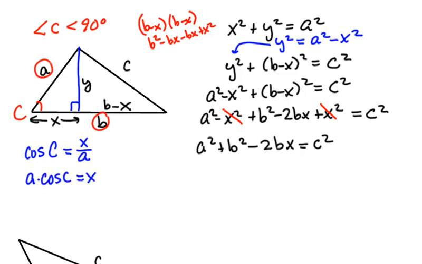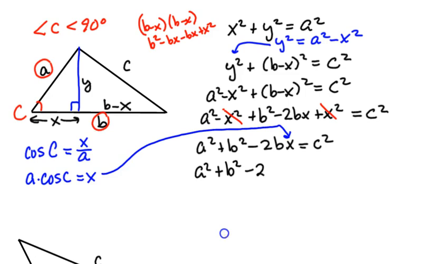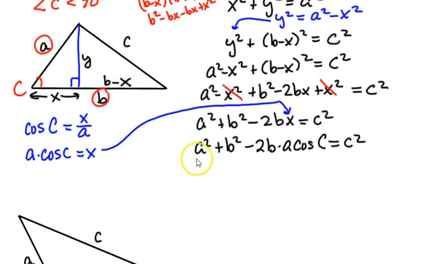So I'm going to substitute that in here, and then I'm going to end up with a squared plus b squared minus 2b times a cosine c equals c squared. Now just a little rearranging and we'll have the law of cosines, because notice now everything on the left hand side of the equation is in terms of things I know.